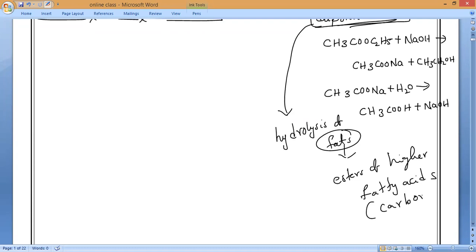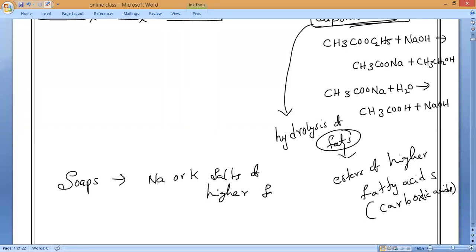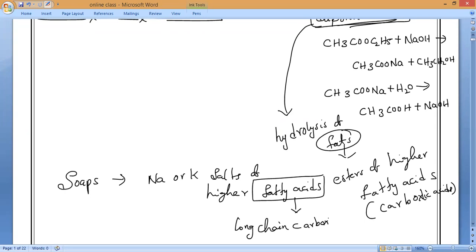Long chain carboxylic acids. So soaps are the sodium or potassium salts of higher fatty acids. Remember, higher fatty acids means long chain carboxylic acids. That is the meaning of fatty acids.